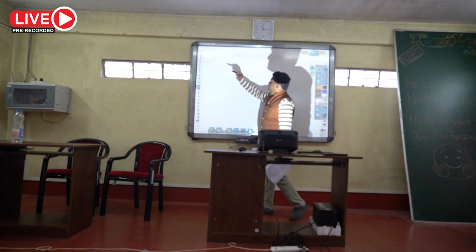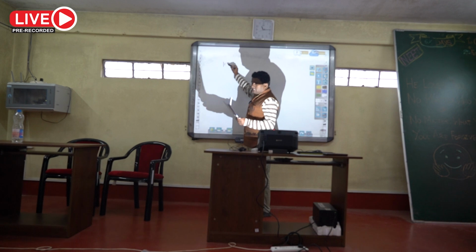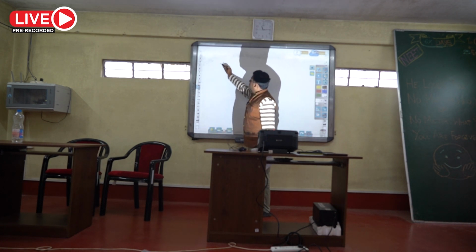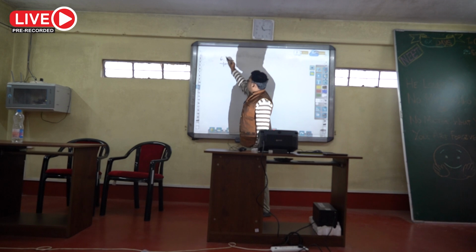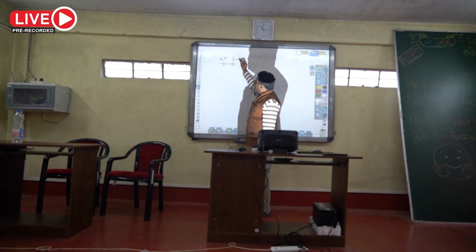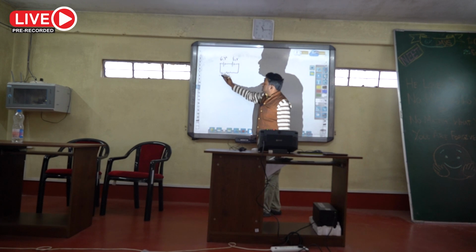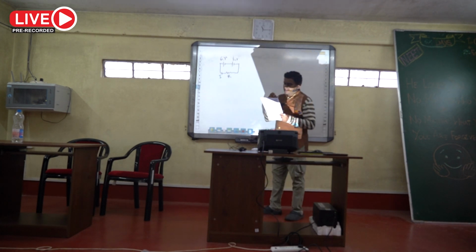See, first two cells are connected in series. So each cell having EMF E, internal resistance small r. They are connected with an external resistor, capital R. So they send a current through this.